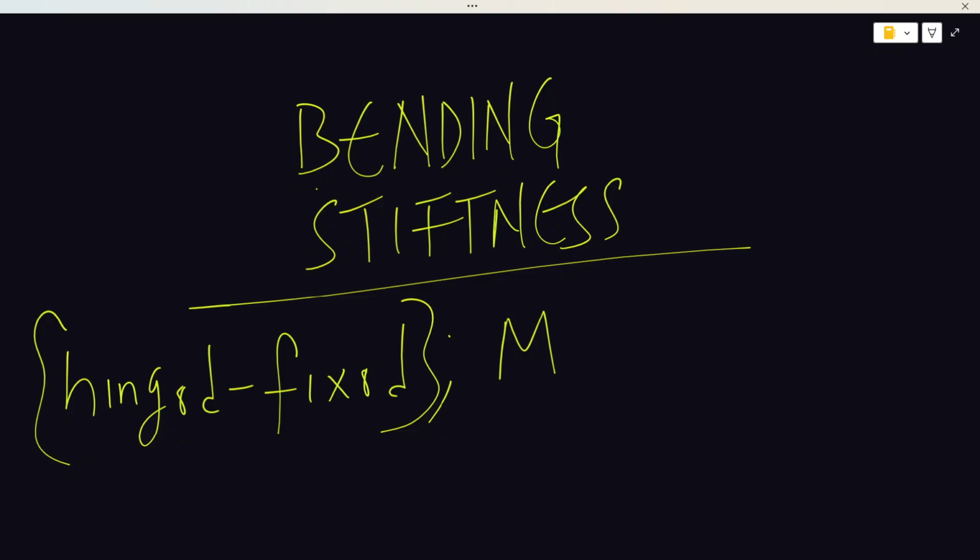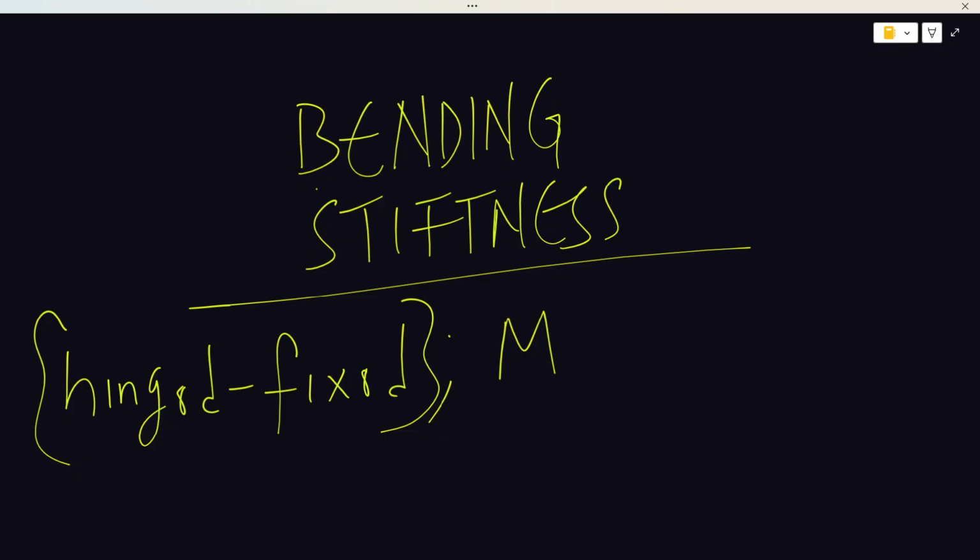So it means that your near end is A and your far end is B, if you are focusing on distributing it to member AB. But you will get all that. I'm just here to tell you that the scenarios we first introduced have to do with near end and far end. So when I say hinge fixed, I mean hinge is the near end and fixed is the far end.